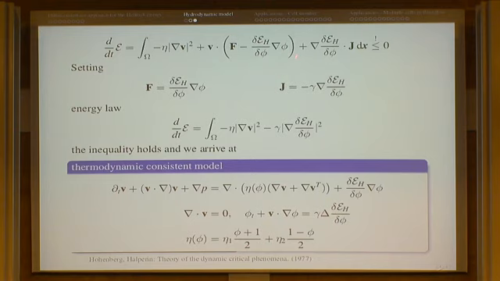And then we have here this body force term F. If we set F to this term here, this term also vanishes. And of course, if we set J in this way, this term is also less than or equal to 0. And then we can write down here our thermodynamically consistent model, where we plugged in these terms, these unknowns we now know.